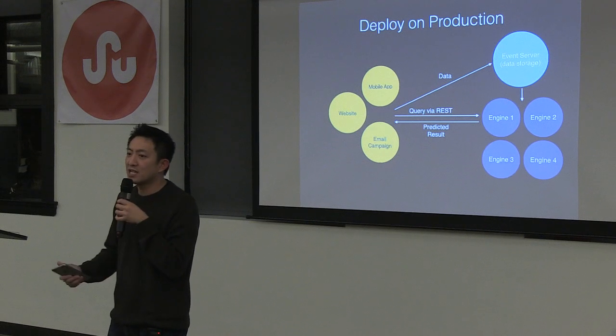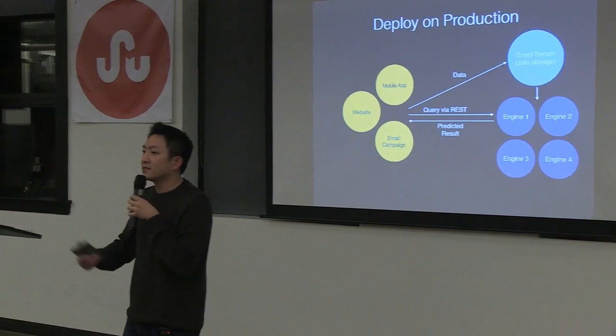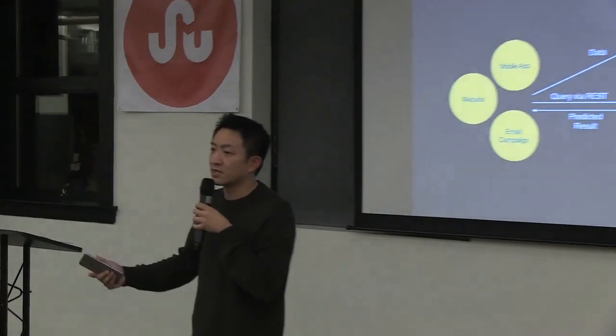You can have one engine for recommendation on the front page, another engine for discovery, serendipity on another part of the front page, one for the email campaign. You can have fraud detection, churn prediction. Basically, you can use different types of algorithms in this really flexible framework. And again, the code is giving you the separation of concerns, and scalability is taken care of automatically by the framework.